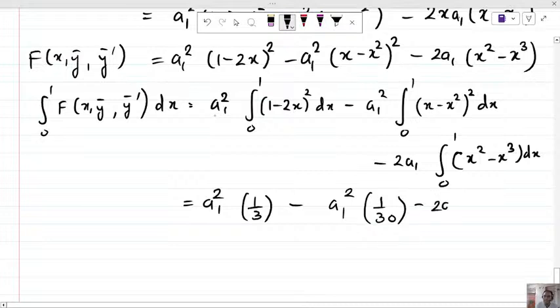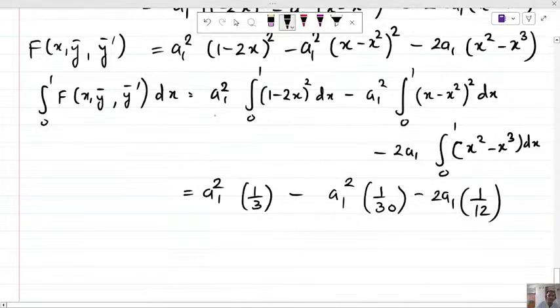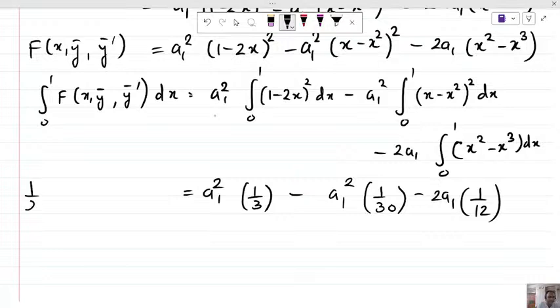For the second one, 2a1, we will get 1 by 12. And this whole thing we are going to do the partial derivative, and there is a half multiplied over here, so we can even multiply half on the next stage, doesn't matter.